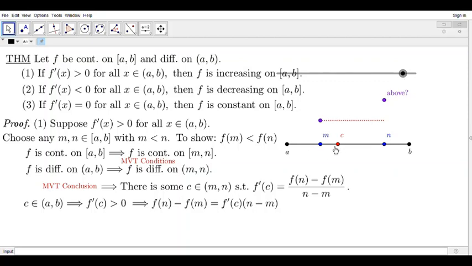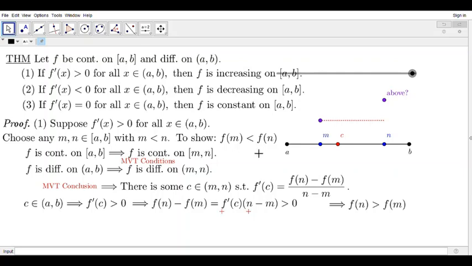Well, n is larger than m, so the second factor is positive. We're therefore multiplying two positive numbers, which means that their product is positive. But then that's f of n minus f of m. So in other words, f of n has to be greater than f of m. And that was precisely what we were trying to prove.